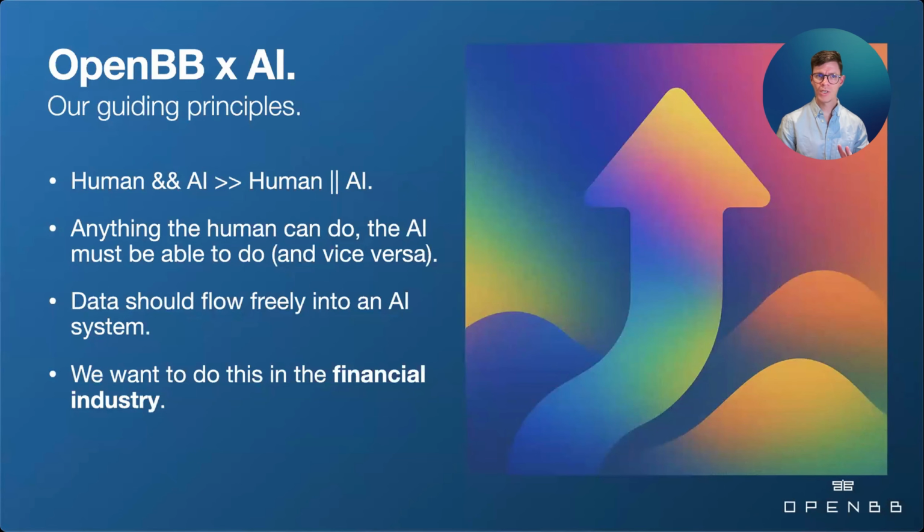At OpenBB, we think a little differently from what you may have been seeing elsewhere on social media with regard to AI. We have our own guiding principles that the AI team has used to build things related to AI at OpenBB. The first one is that human and AI is superior to human or AI.